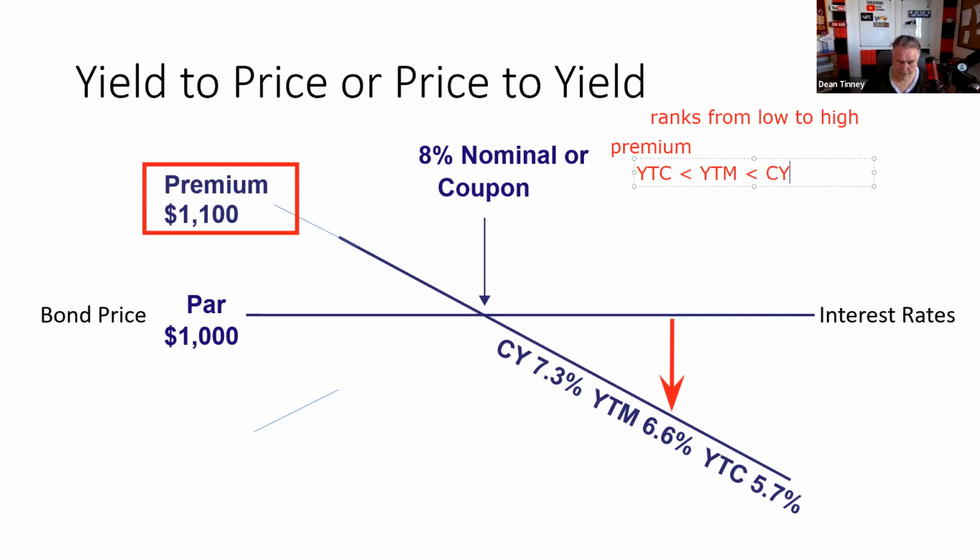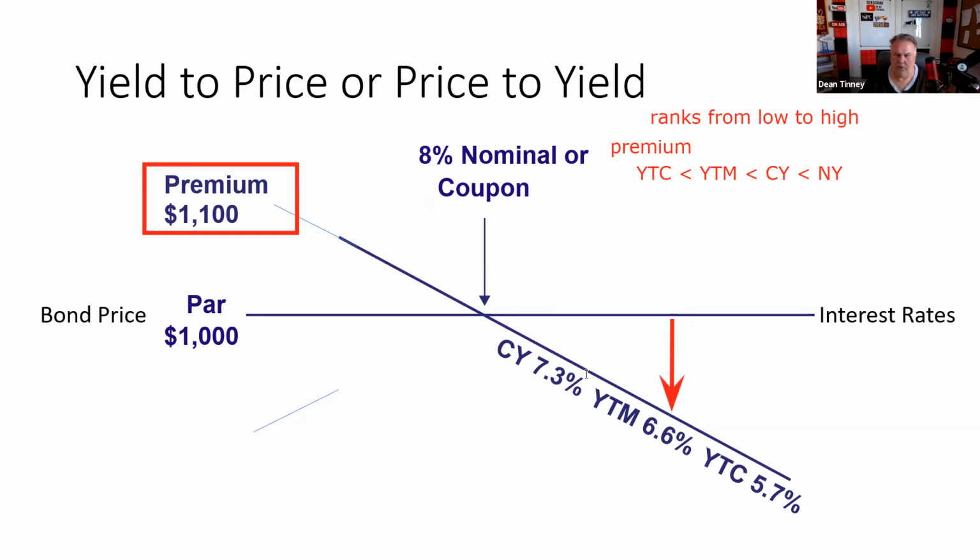You have to be able to crunch current yield. And then nominal yield. Now, remember this from grade school, by the way. I could go the other way and say from low to high, it's yield to call, yield to maturity, current yield, nominal yield. But from high to low, it would be nominal, current, yield to maturity, call.